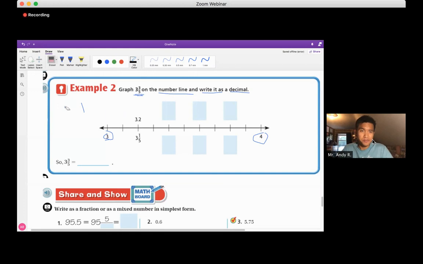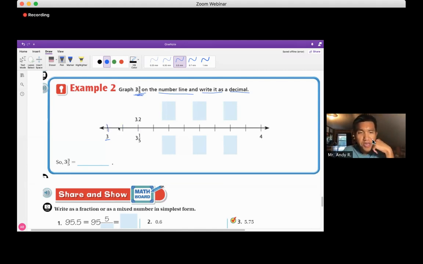We are graphing 3 3/5. Where is 3 3/5 on this number line, and what would it look like as a decimal number? Here's 3, and each of these lines are distances.